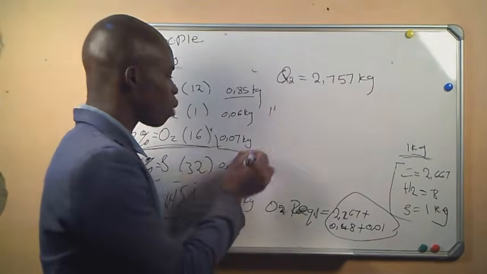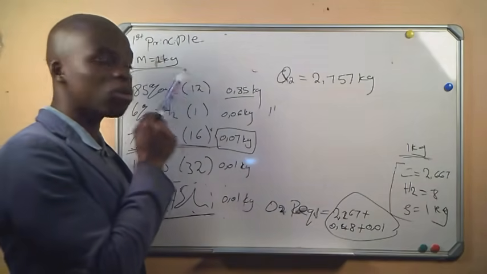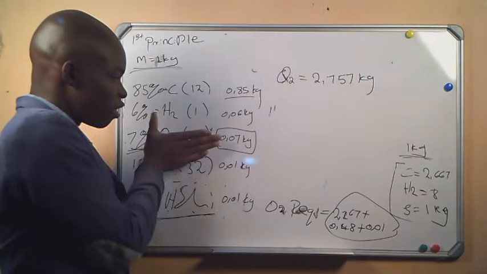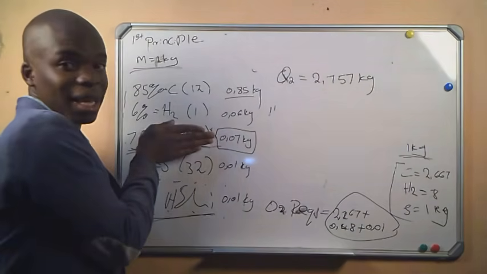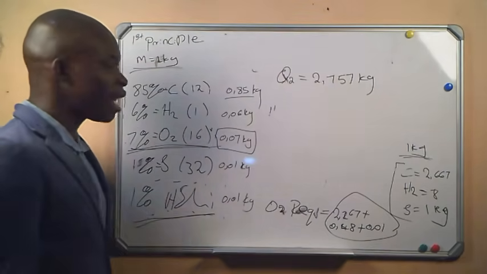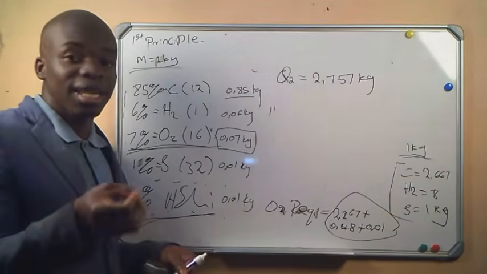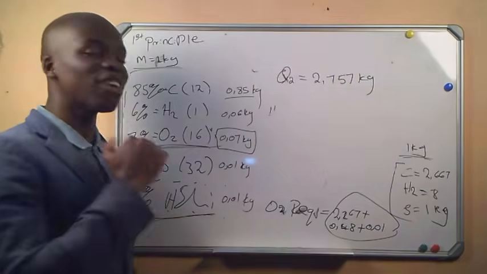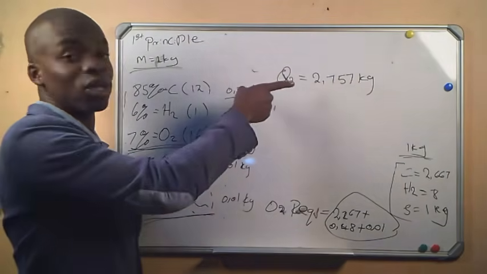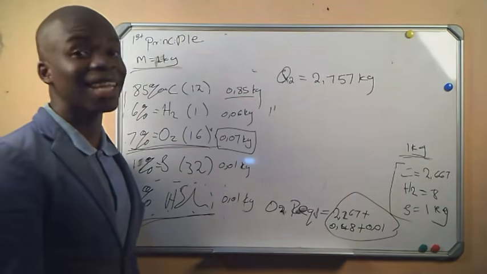But remember, in the system we already have oxygen. What do we do about this oxygen? That oxygen is the amount of oxygen required to completely burn these three, without the consideration of this oxygen. Now we have to put this oxygen into consideration because it is already in the system. It is actually the first oxygen that will react with these molecules before the oxygen that will be let into the system externally.